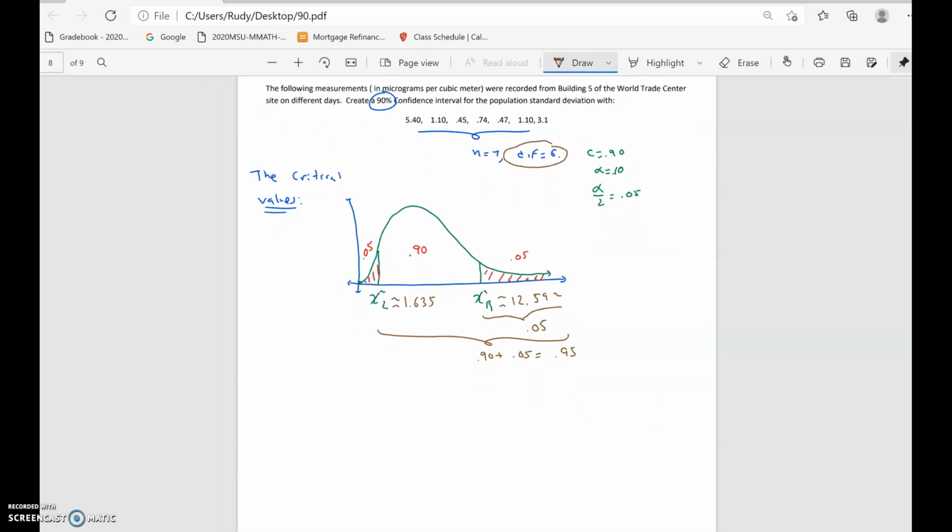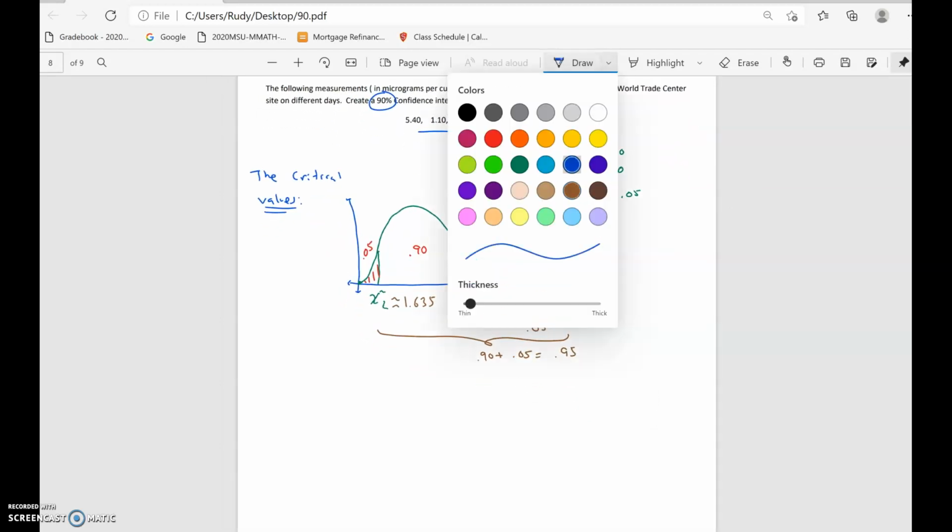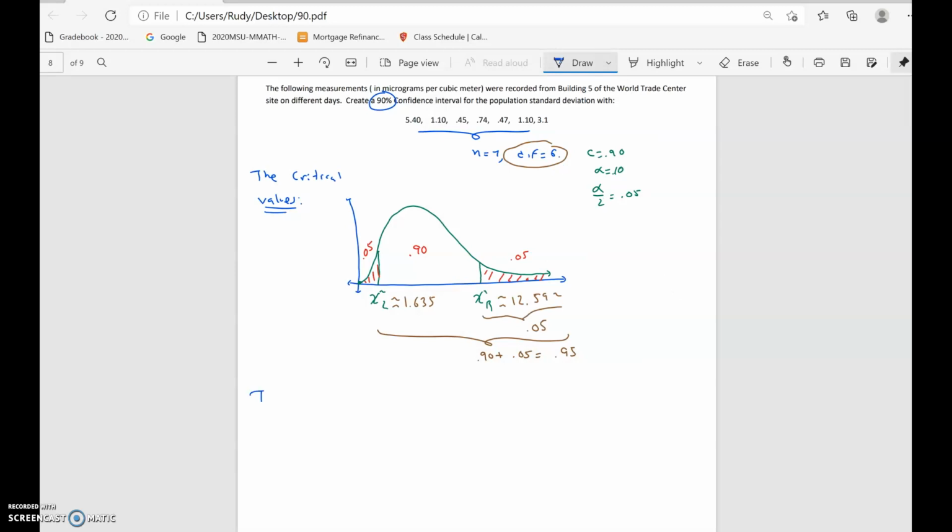So let me write them out as the critical values. The one on the left is 1.635. The one on the right is 12.592.